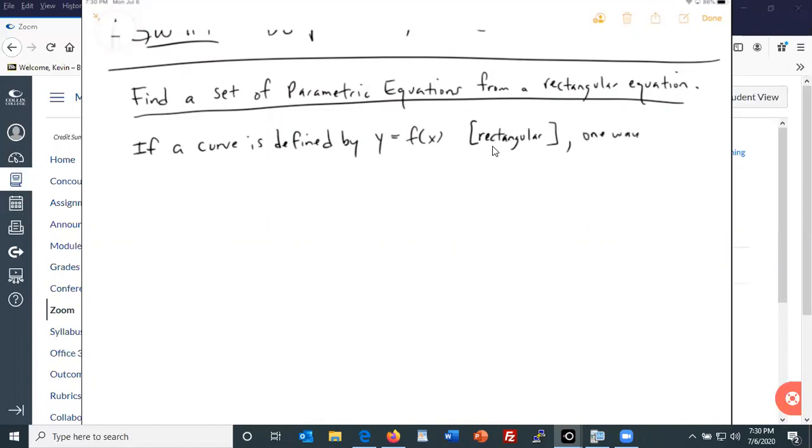One way of finding a set of parametric equations is simply to let x equal t, or any function of t.